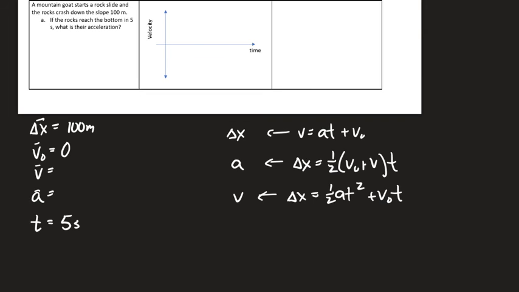It joins the other 2, which again have 4 motion variables, each missing 1 of the motion variables. Do you see that so far? So there's probably 2 more of these. One where we eliminate the initial velocity, and one where we eliminate the time.